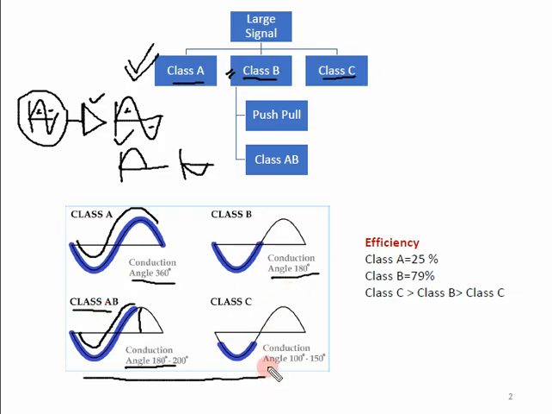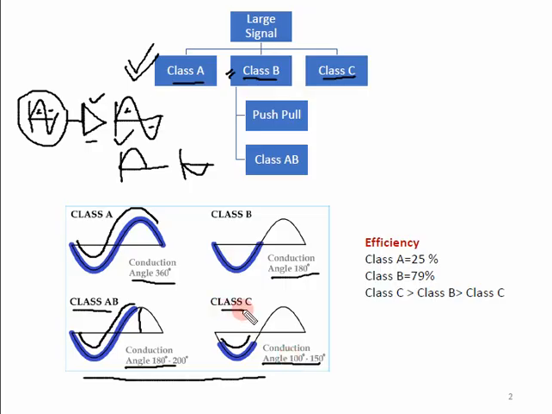And if the amplifier is operated for less than 180 degrees, remember it is operating for less than 180 degrees, with the angle of conduction between 100 and 150 degrees, we call this a class C amplifier.